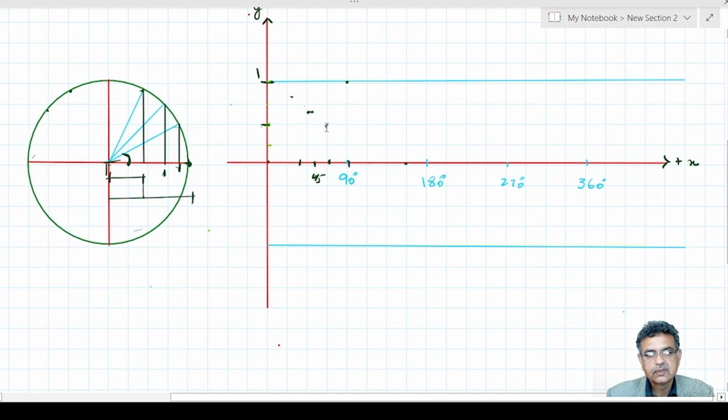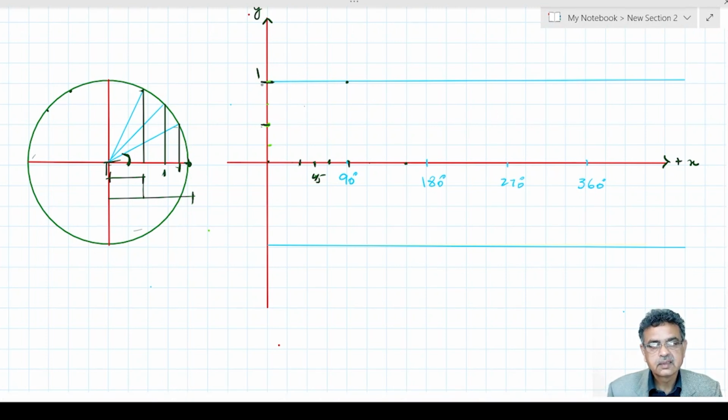If I remove these points from here, I will mark these points again on the curve. So this curve will be like one quadrant of a circle. At 30 degrees, you can see this is the point at 30 degrees.